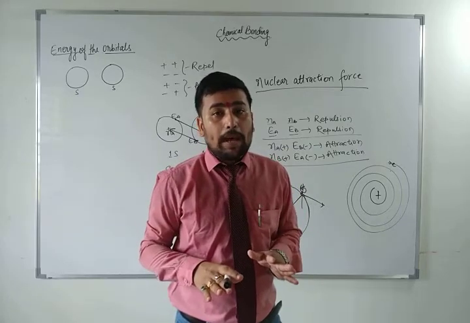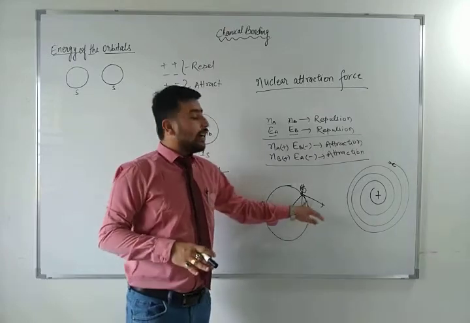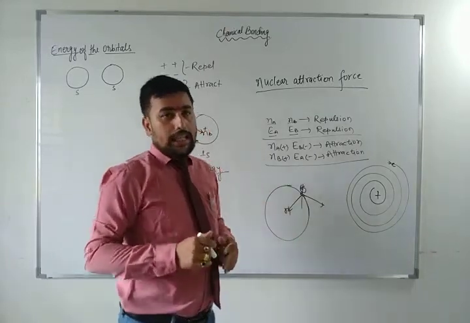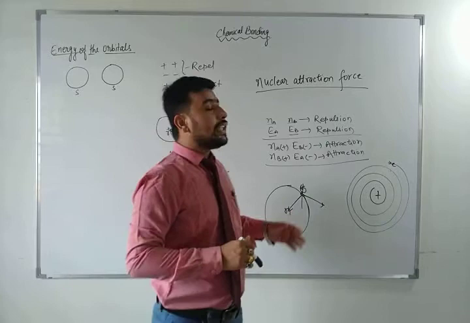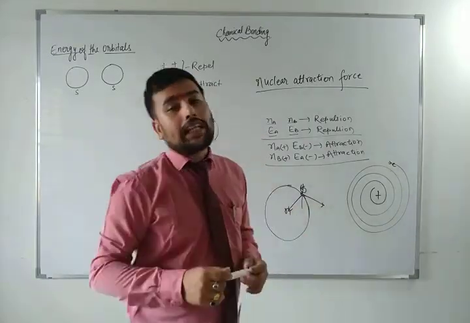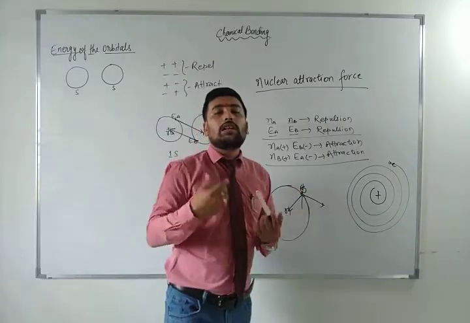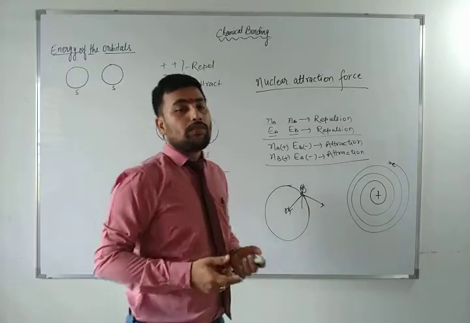Why do these things not happen? Because, as I have already said, there are two types of forces. Between electron and nucleus, the nuclear attraction force, and the second, outward towards the orbit, the repulsion force.